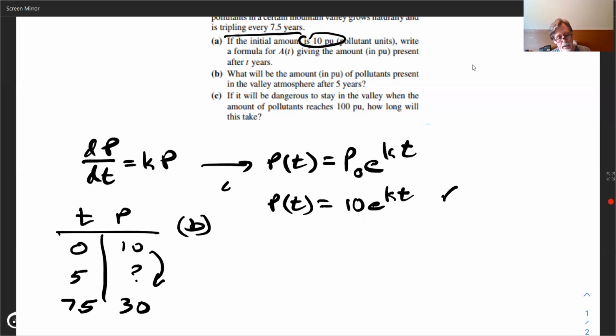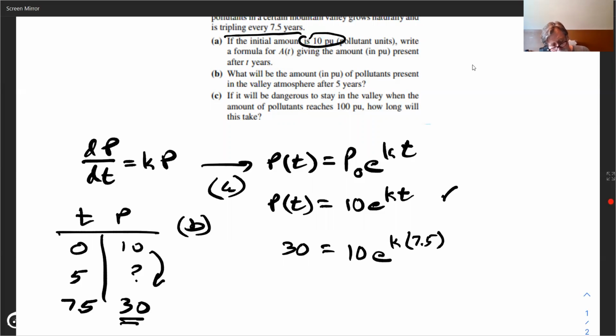That was part A, we did it. Part B, let's figure out how much pollutants in 5 years. We take our equation and plug in 30 for P of T and 7.5 for T, and that leaves us just k to figure out. You recall this?